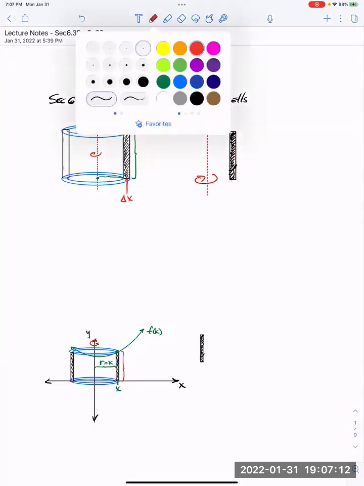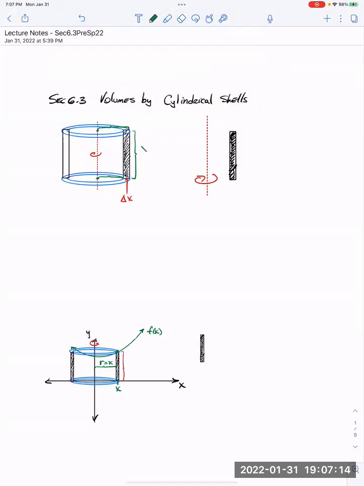So we're going to call this H. Now the shell also has a radius, and the radius runs from the axis of rotation to the partition. So this is R, the radius of the shell, and this will be the height of your shell. All right, so we have that picture there.